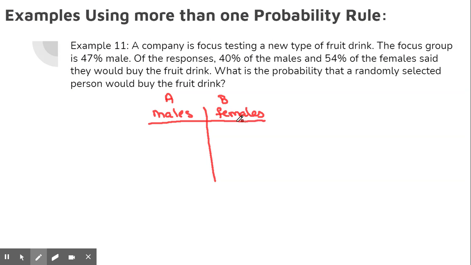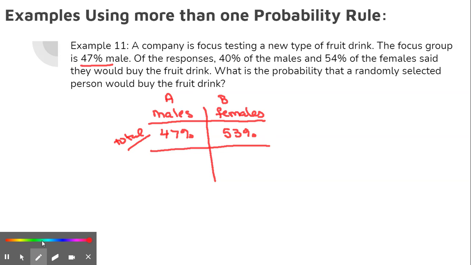Okay, so this makes things a little bit easier for us. We have 47% males. And if we're talking about 100% of people, we're going to subtract, and we get 53% are female. So those are our people. They're always complements of each other to make the total. All right, that's the total amount of people we're looking at.